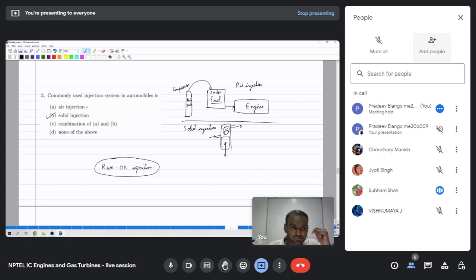Which of the following cannot be caused by a hot spark plug? Pre-ignition, post ignition, run on ignition, detonation. I'm getting confused between these two options, run on ignition or post ignition. Actually, I also am not sure what run on ignition means. I will look into it and I will get back to you in the next week.